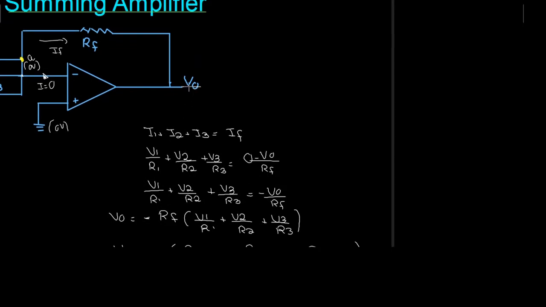So I'm going to connect an inverting operational amplifier over here, with a resistance connected to the negative terminal, and the positive terminal is going to be grounded. I'm going to connect the output of this as an input to this inverting operational amplifier.